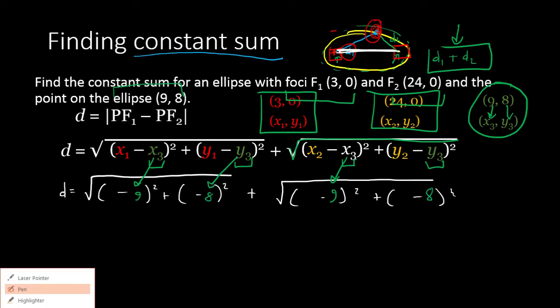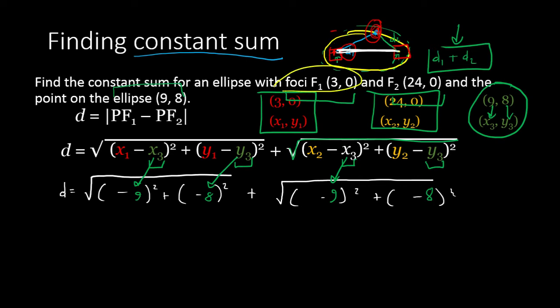It doesn't matter how you assign the remaining. So foci 1 could be assigned to x1, y1 or x2, y2. It's interchangeable, it doesn't matter. I normally just assign them in the order that they appear. So since they mention this coordinate first, generally I'll assign that to x1, y1, but again, it doesn't matter.